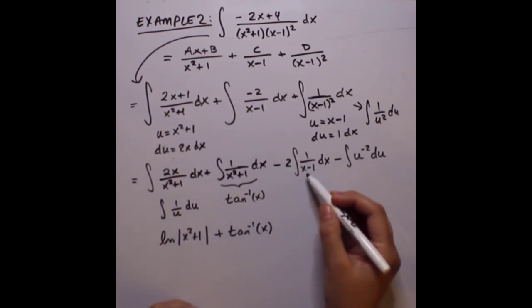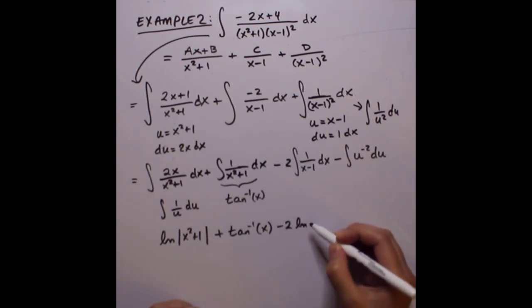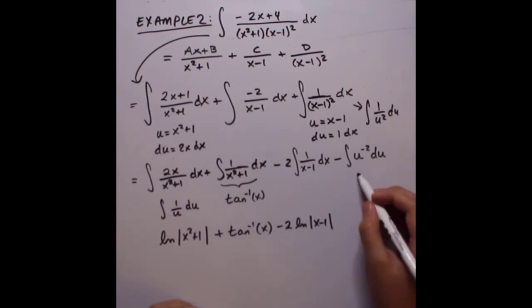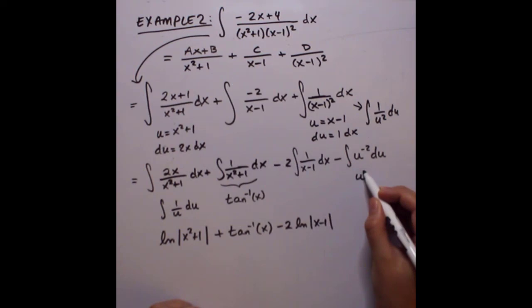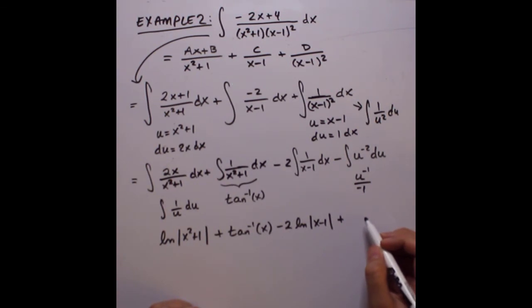And then over here, this is just 1 over this argument, so it's going to be negative 2 times ln of that argument, so ln of x minus 1. And then over here, using your power rule, this is u to the negative 1 over negative 1, but there's already a minus out front, so that becomes a plus.